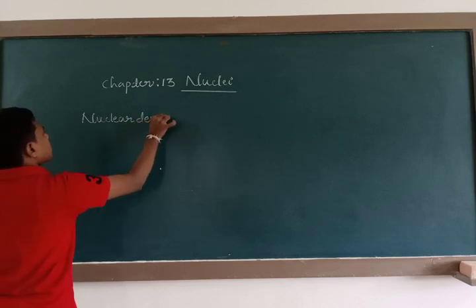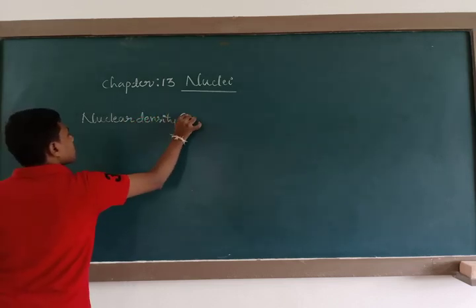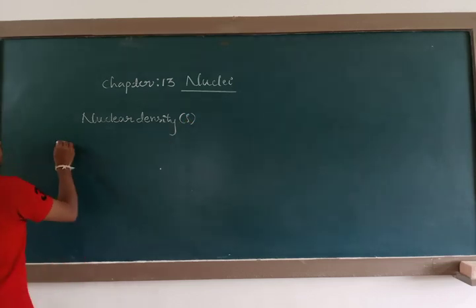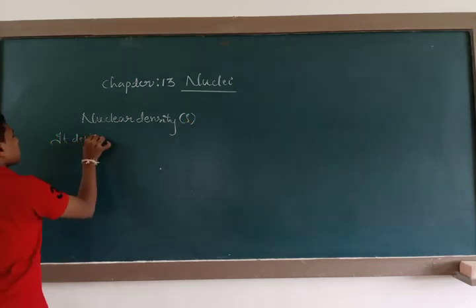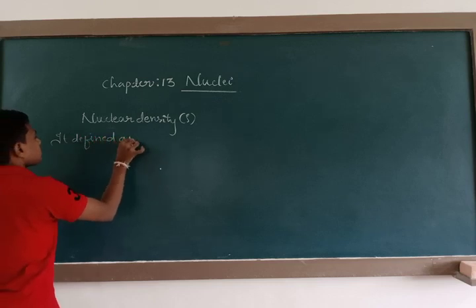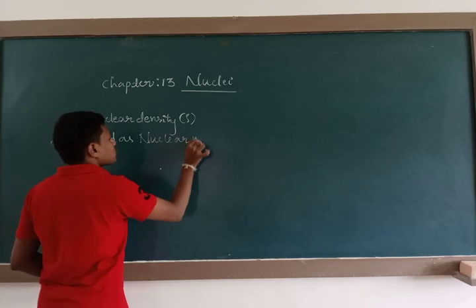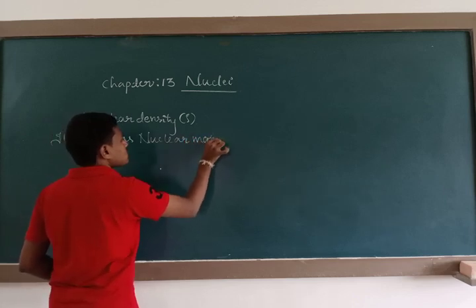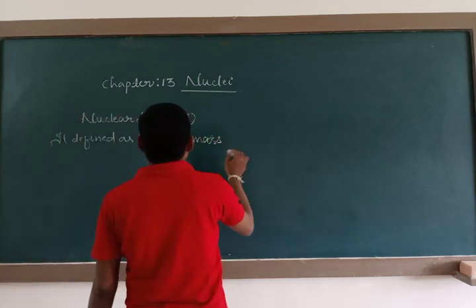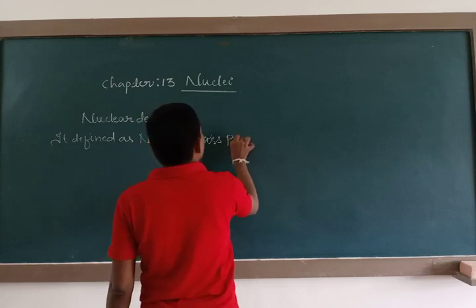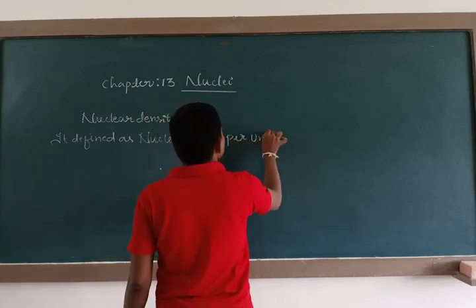So what is nuclear density? It is represented with the letter rho, and it is defined as nuclear mass per unit volume.